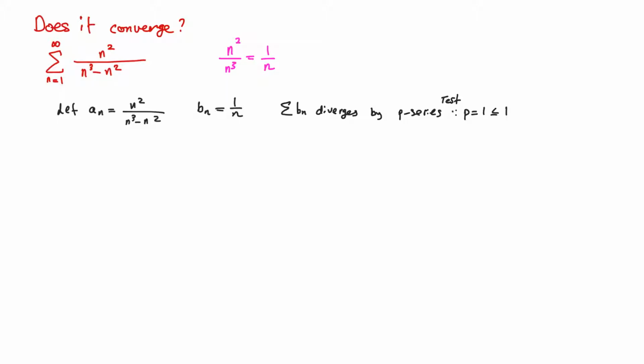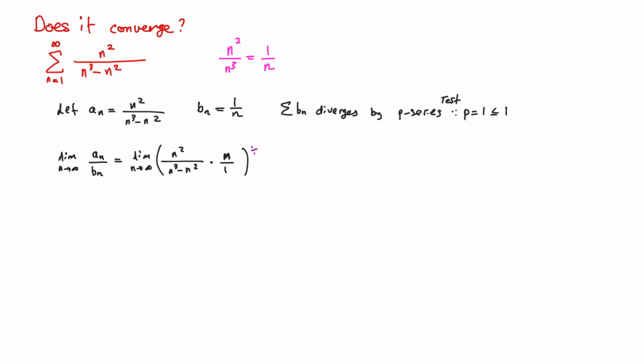For the limit comparison test, we're going to find the limit as n approaches infinity of an over bn, an being the one in the question, and bn the one that we know either diverges or converges. So this will become the limit as n approaches infinity of n squared over n cubed minus n squared, multiplied by the reciprocal, n over 1.